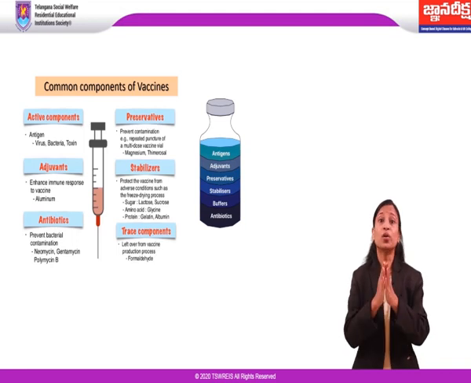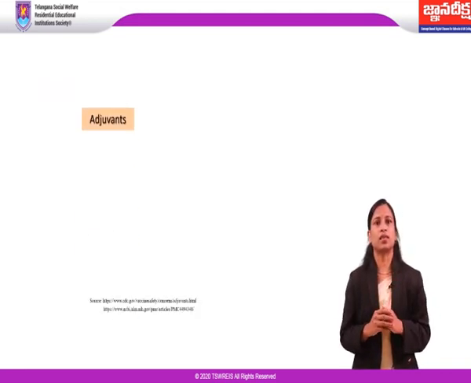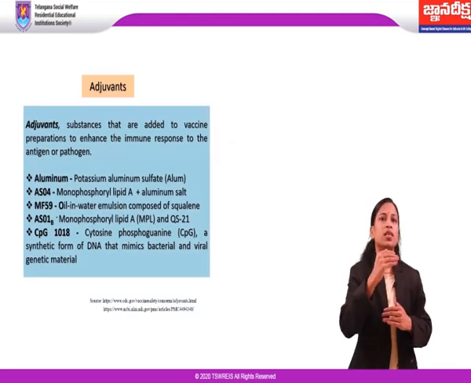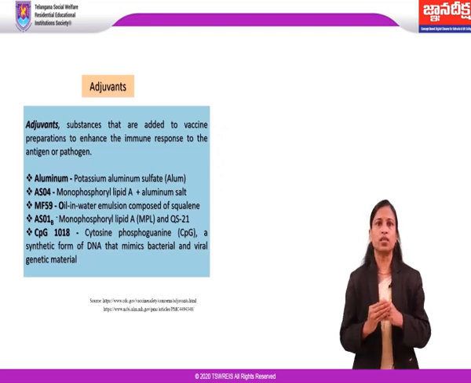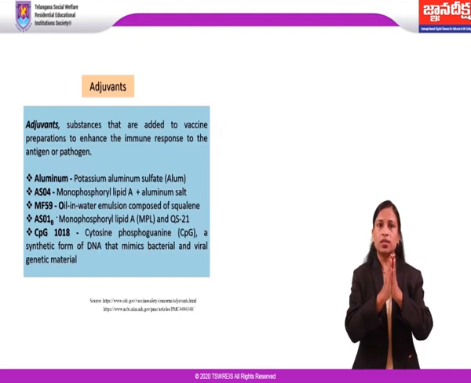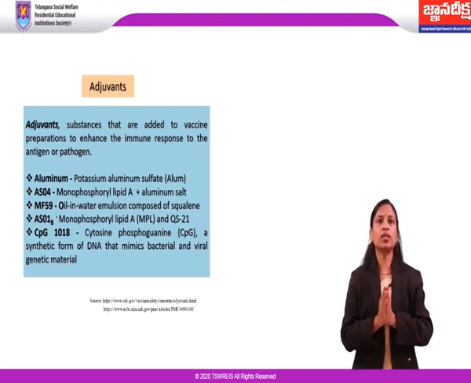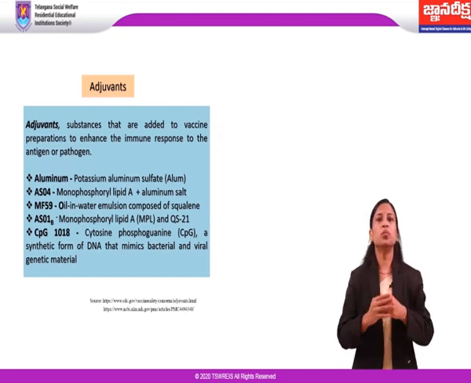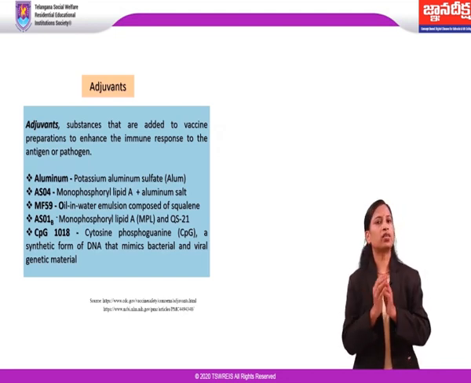Let's understand the role of adjuvants in the vaccines. These are the substances that are added to vaccine preparations to enhance the immune response to the antigen or pathogen with which they are mixed. This is especially important in the case of killed or subunit vaccines where immunogenicity can be quite low.